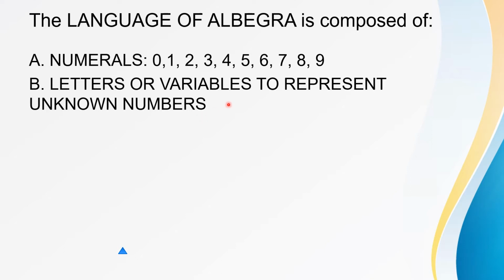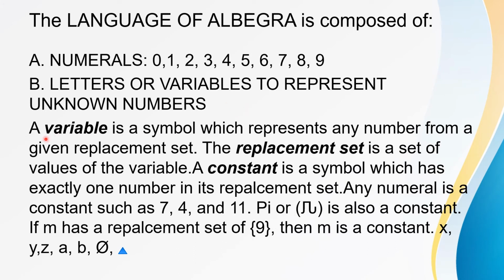Of course, we can use the letters in the English alphabet. A variable is a symbol which represents any number from a given replacement set. So for variables, we use any letters of the English alphabet. The replacement set is the set of values of the variable.